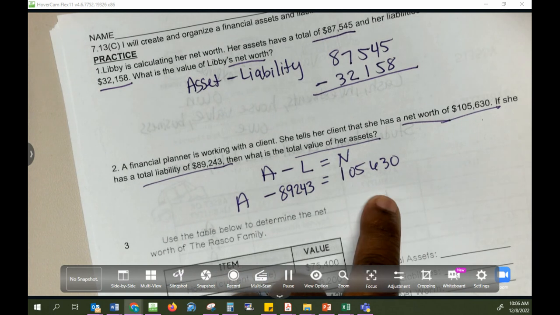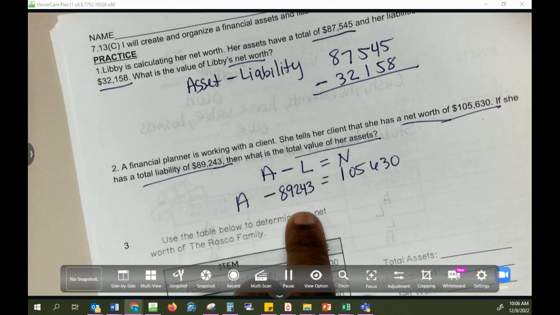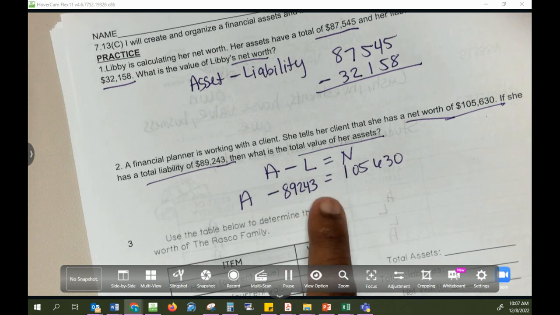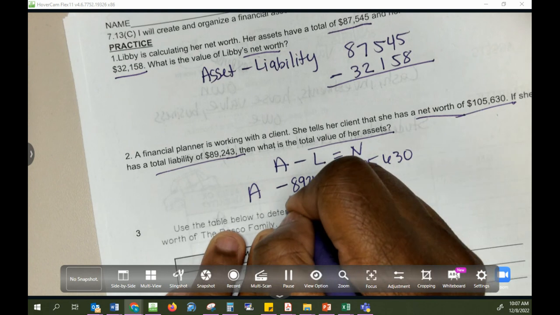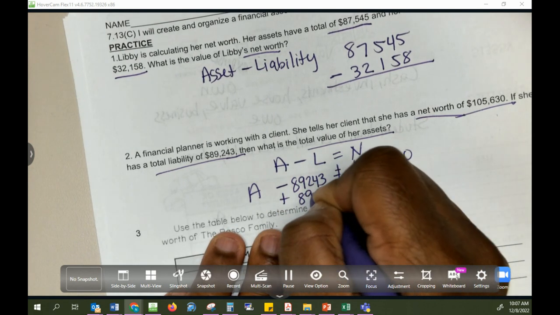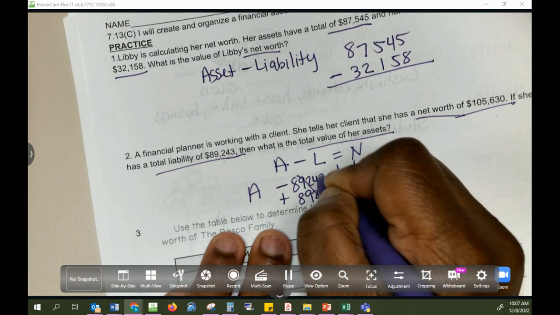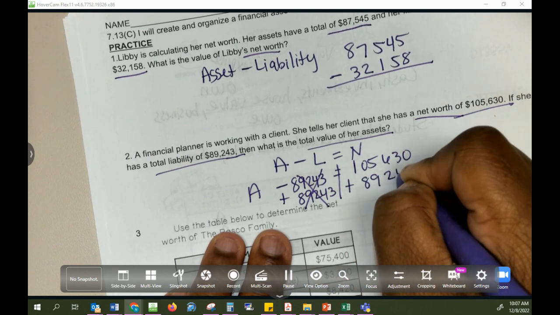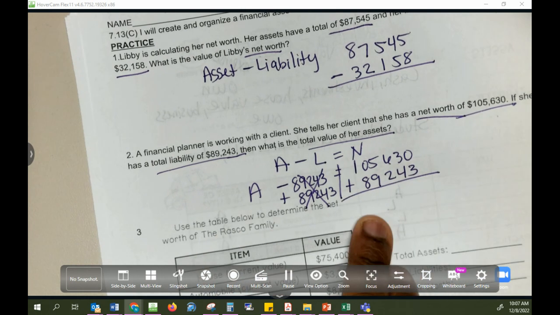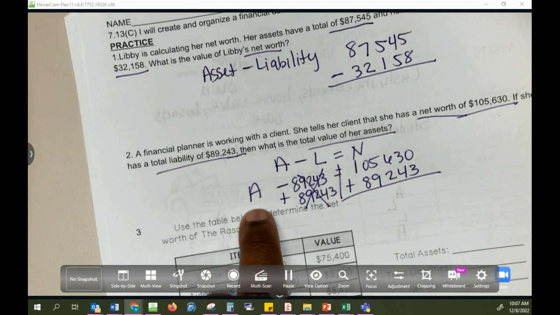Do I subtract it to get it to the other side? You add the liability because that's the only way for us to get it to the other side, right? So when you add these two numbers together, you should get her asset. Make sense?